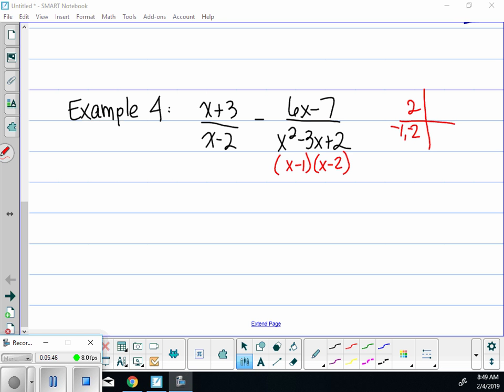Factor the denominators. Then look at the factors that make up each of your denominators. So here I just have an x minus 2. I also have an x minus 2 there. So they both already have an x minus 2. But the denominator on the right also has an x minus 1.